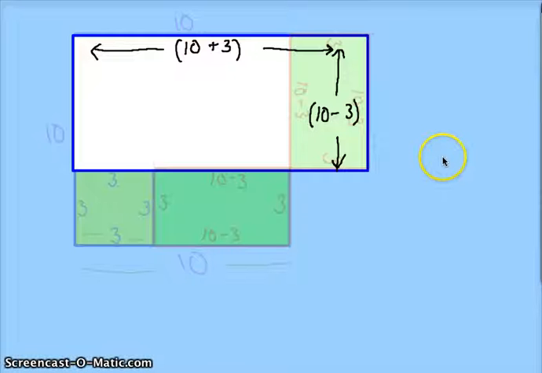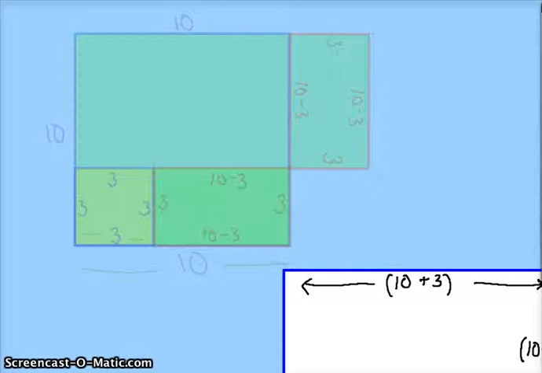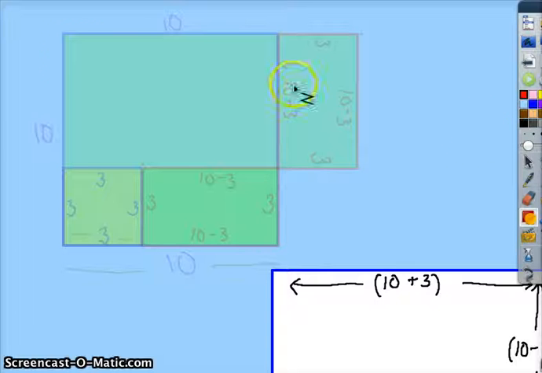Why did I do that? By rotating and moving that smaller rectangle, I've created this white rectangle which has the exact same area as this piece here.